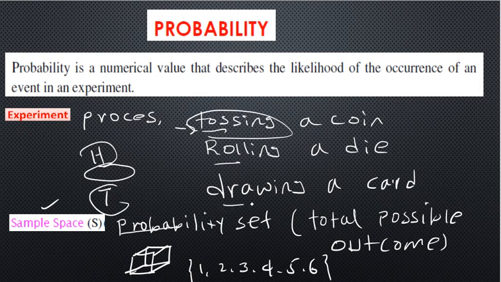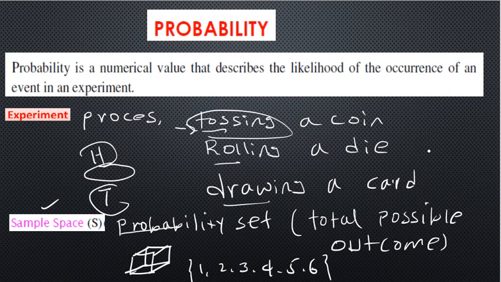If you draw a card, in playing cards, you know, there are 4 suits, 2 colors, 2 red and 2 black. The blacks are club and spade, and the reds are diamond and heart. Anyway, 52 cards are there. So what is the probability to get a number which is 10 or 8?